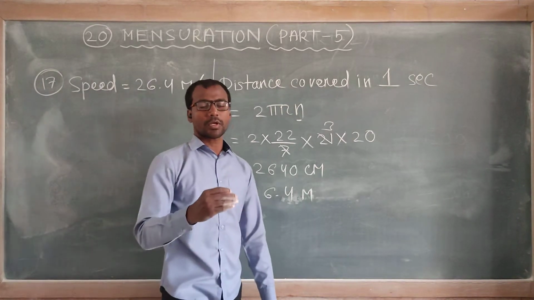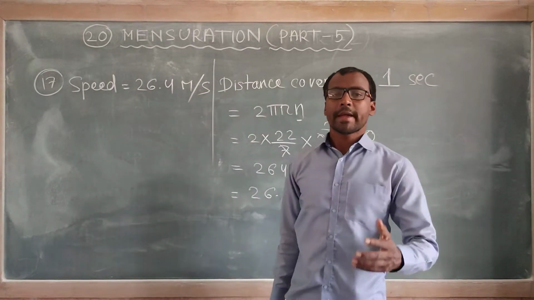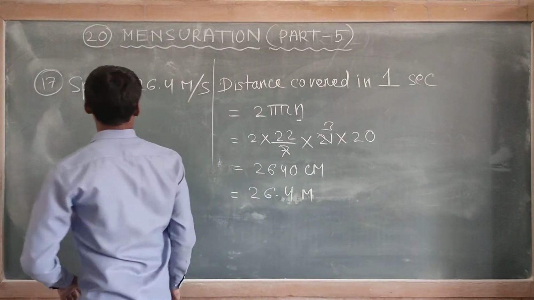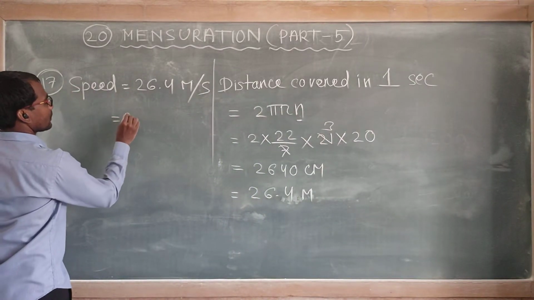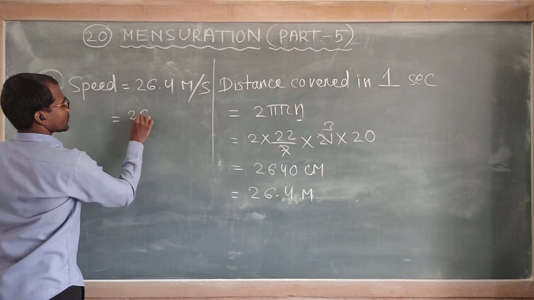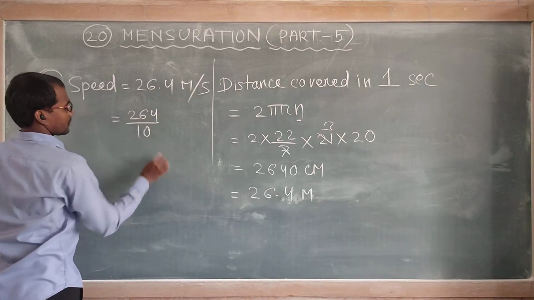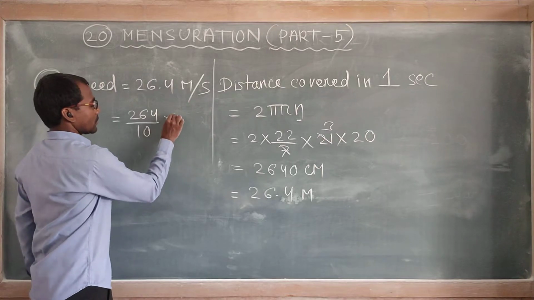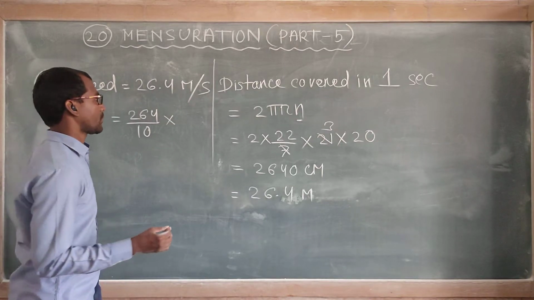We have not been asked to give the speed in kilometer per hour. Had we been asked, then we could have multiplied 26.4, which means 264 by 10, into 18 by 5 to convert to kilometer per hour.